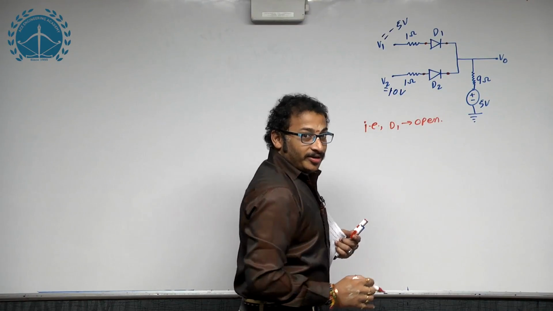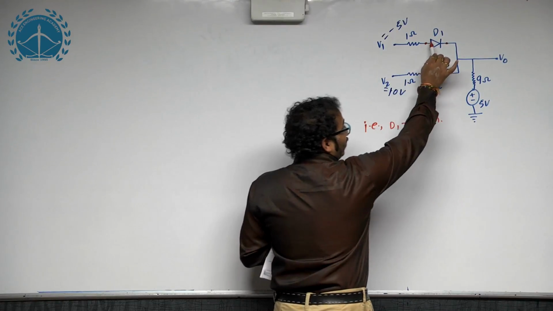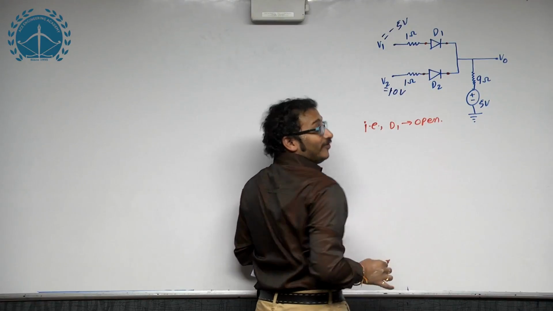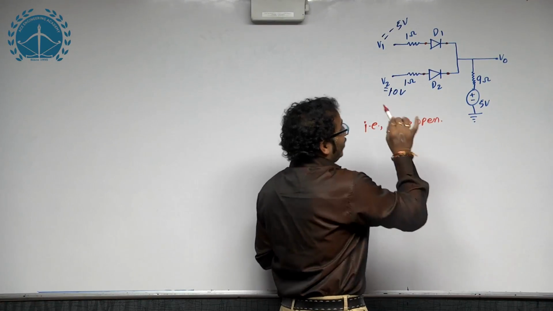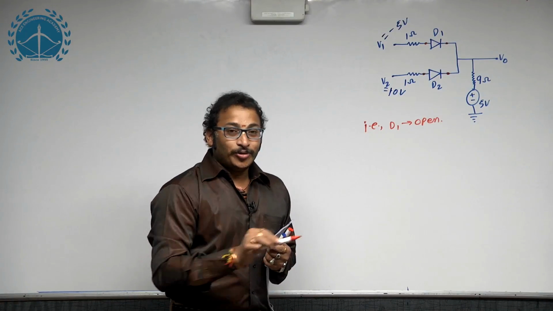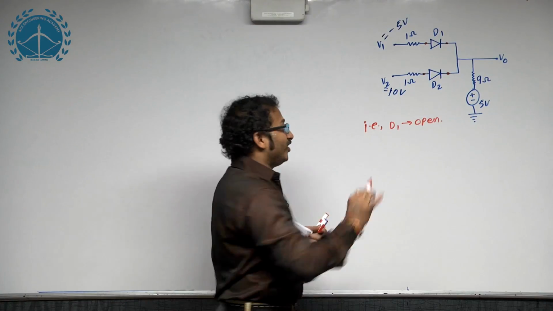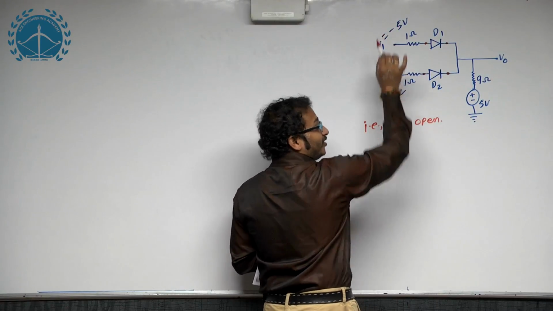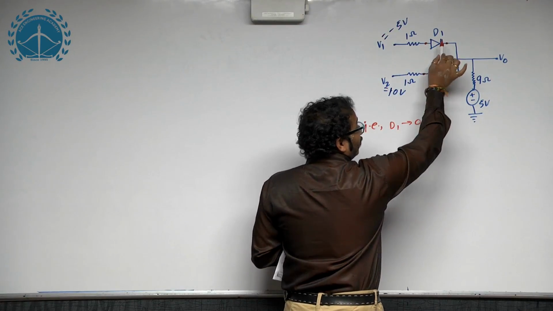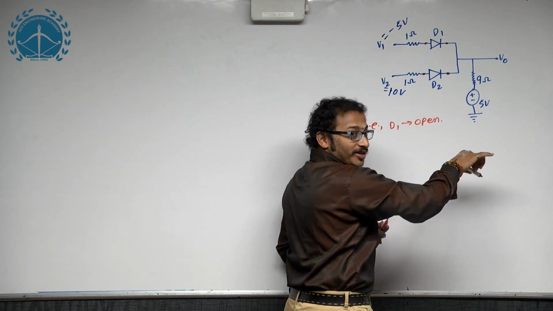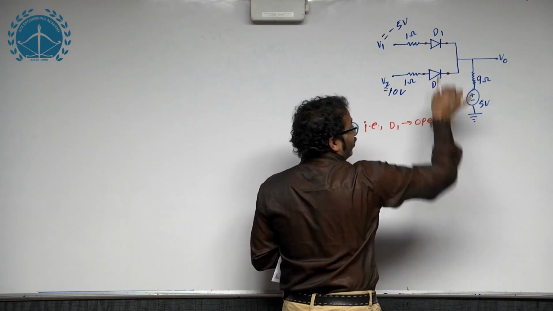Once again I am repeating, dears, D1 anode potential is experiencing 5 volt reverse bias. Don't say minus 5 volt. As you are already using the word reverse bias, don't include polarity. That is why D1 is experiencing 5 volt reverse bias because it is minus, and with respect to the cathode it is experiencing 5 volt reverse bias because plus is given to the cathode of D1.